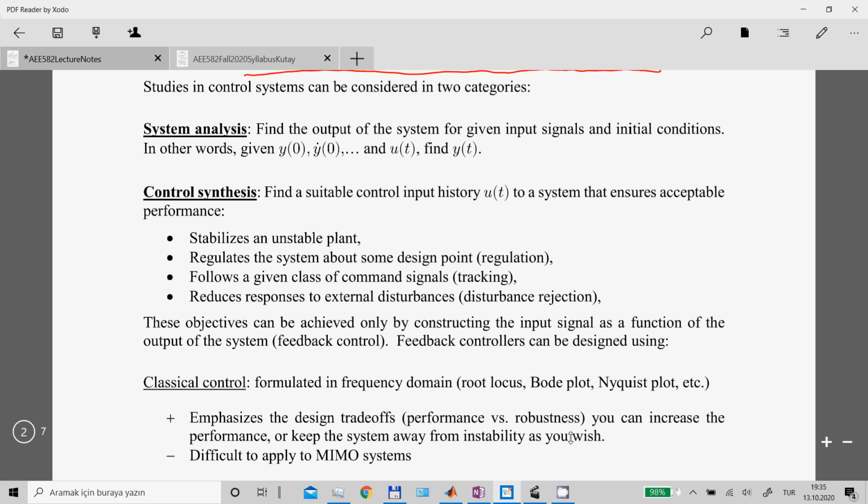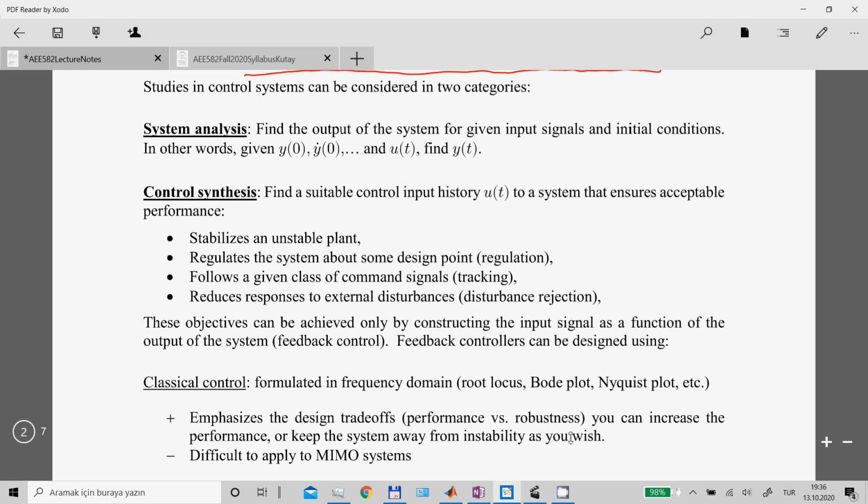So with advancements in technology, systems started to become more complex with multiple inputs and multiple outputs. And at the same time, computers became available. That allowed people to study systems in time domain using state space methods, but without having such nice analytical tools, they started using numerical approaches.